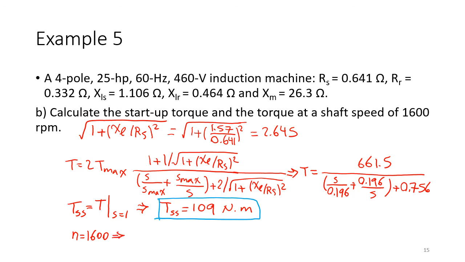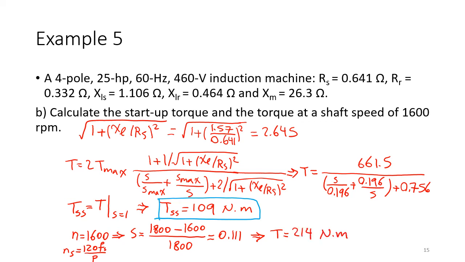First we need to calculate S, and we know N S is equal to 120 F over P. So S is equal to 1800 minus 1600 over 1800, which will be equal to 0.111. Just replace this S in the equation we just found for T, and T will be equal to 214 Newton meter.